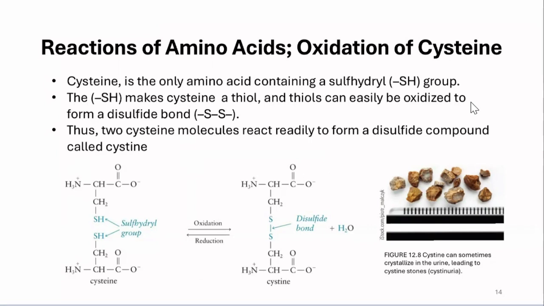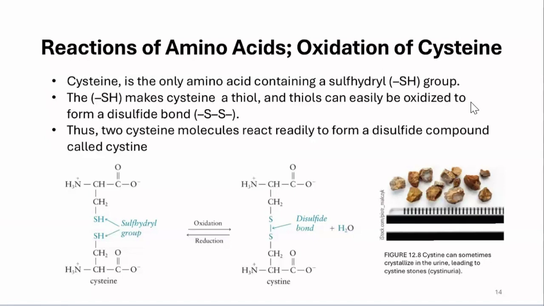When the thiol group of a cysteine amino acid encounters another side chain for a cysteine amino acid, the thiols, in other words, the sulfhydryl groups, the SH groups, via oxidation can form what is called a disulfide bond. This reaction is reversible. A disulfide bond can be reversed via reduction and gives back the two SH groups that we can see are the side chain for cysteine.